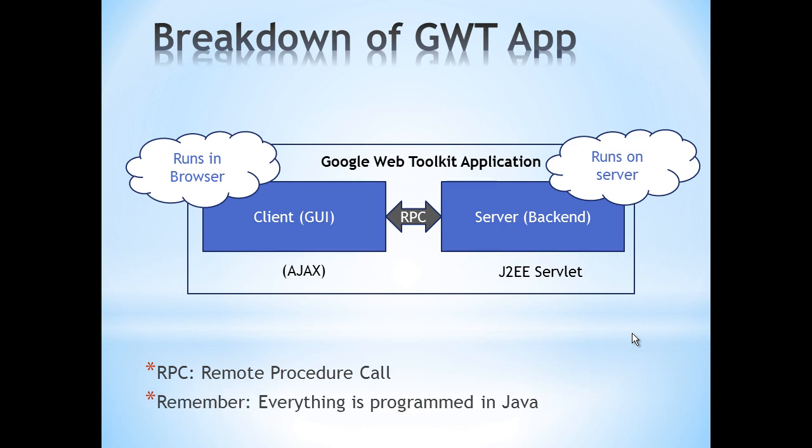One more thing I would like to repeat: the client GUI, the backend and the RPC mechanism are all implemented in Java, which makes it nice and convenient, as I mentioned. So I have just one code base which can run on all platforms.